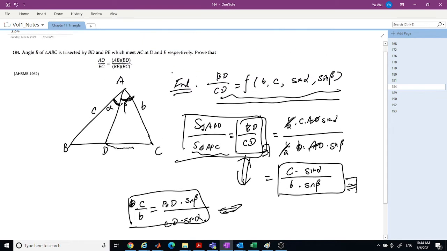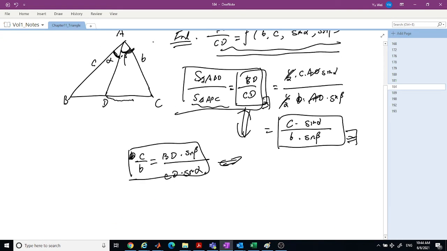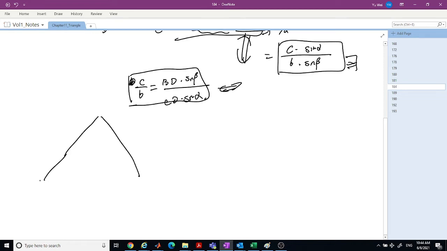So now let's see how we can do it for this problem. Angle B is trisected by BD and BE, meeting AC at D and E. Let's draw it. Angle ABC is trisected by BD and BE, so this is beta, beta, beta.